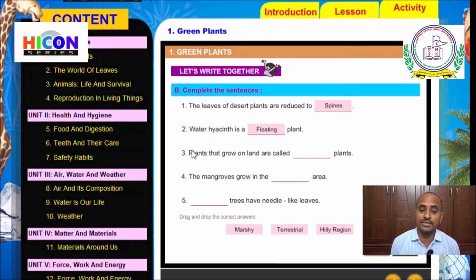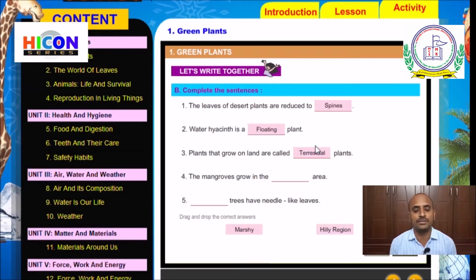The plants that grow on the land are called terrestrial plants. So the answer for the third sentence is terrestrial. The plants which live in the water are called aquatic plants.